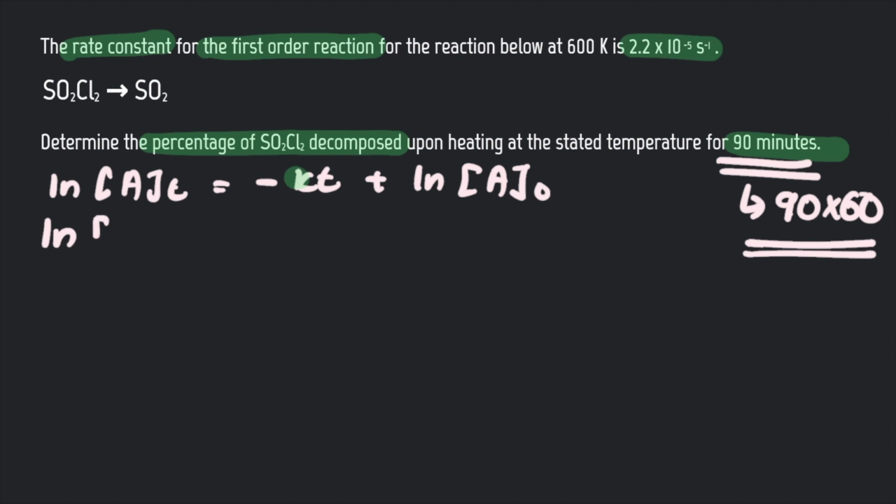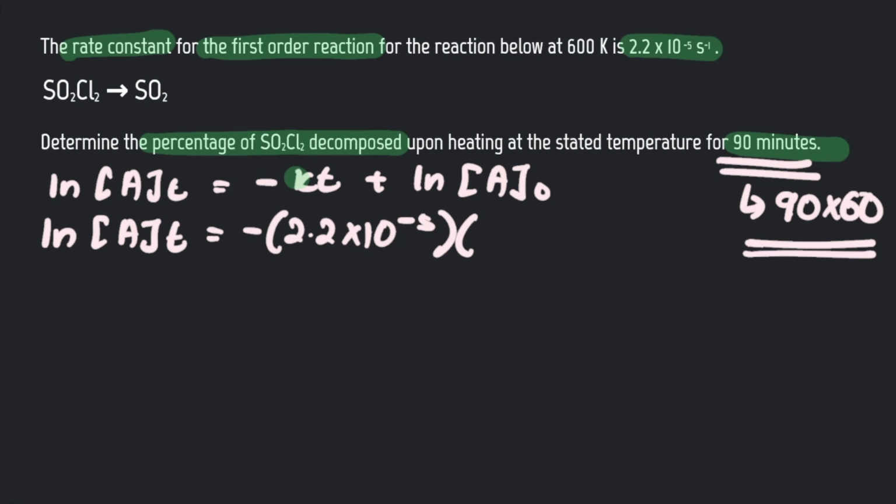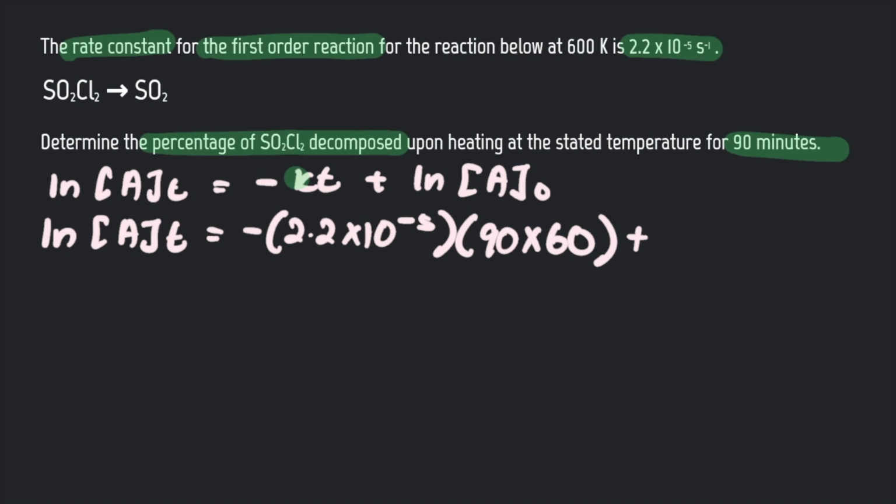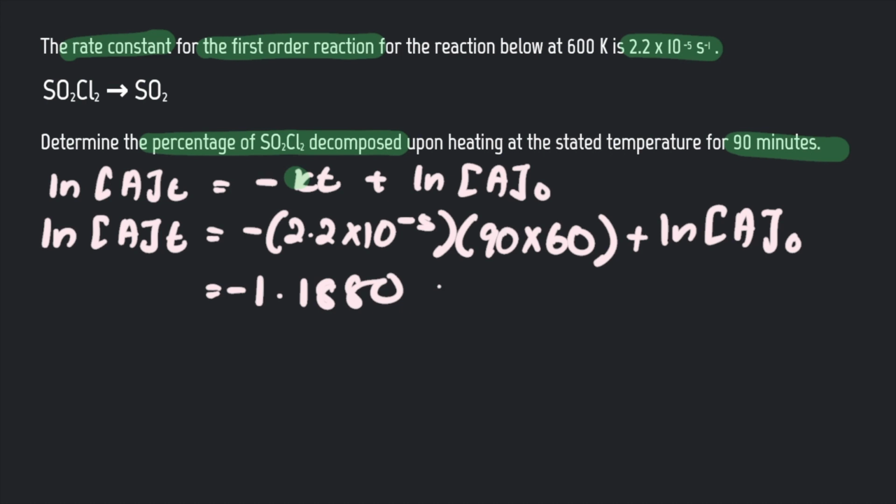So you can write ln At is equivalent to negative k, which is 2.2 times 10 to the power of negative 5, and your t is 90 times 60, plus ln A naught. Alright, so from here you will get negative 1.1880 times 10 to the power of negative 1 plus ln A naught.